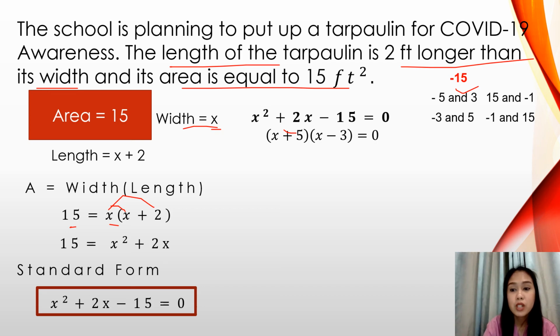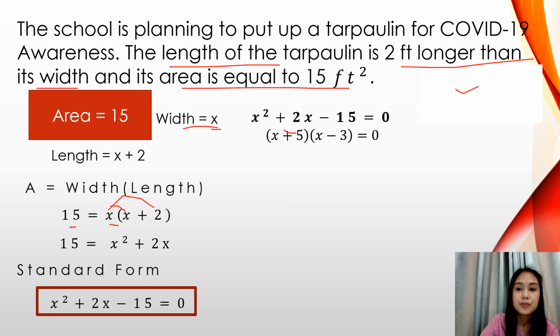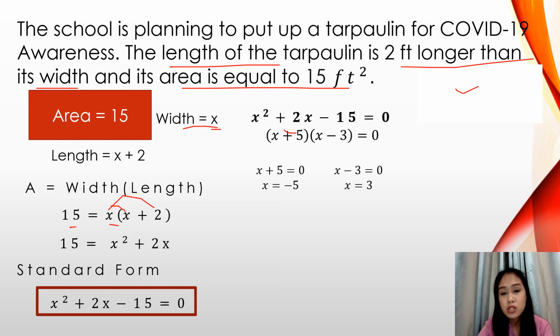So again, use the zero property of equality for each of the factors. x plus 5 is equal to 0, and x minus 3 equal to 0. We'll get negative 5 and 3.